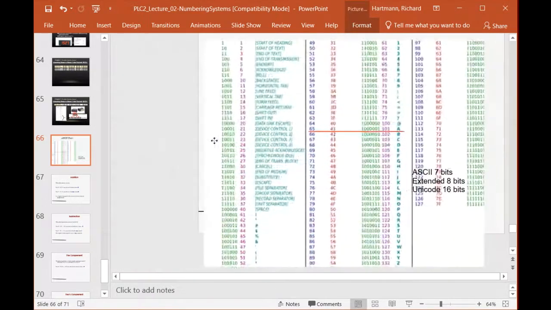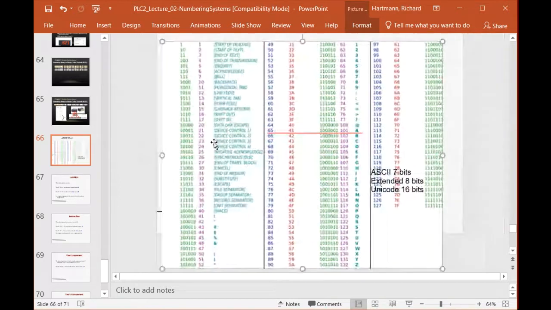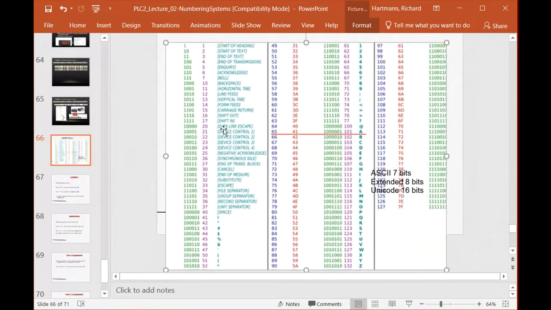All right, so the original ASCII chart, we had 7 bits, which meant that we could actually encode basically 128 items, where one of those items was a 0, which was just a null. And when I say null, I don't mean the number 0, I mean a null.